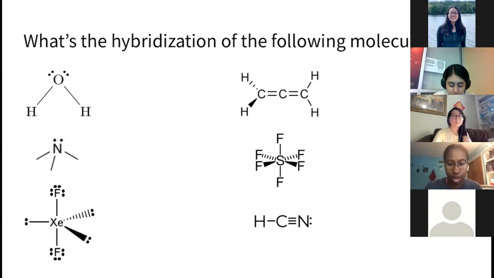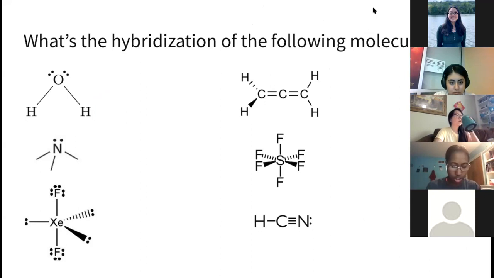So let's start with the H2O molecule up here in the top left corner. Does anybody know what the hybridization scheme for H2O is? Would it be sp?